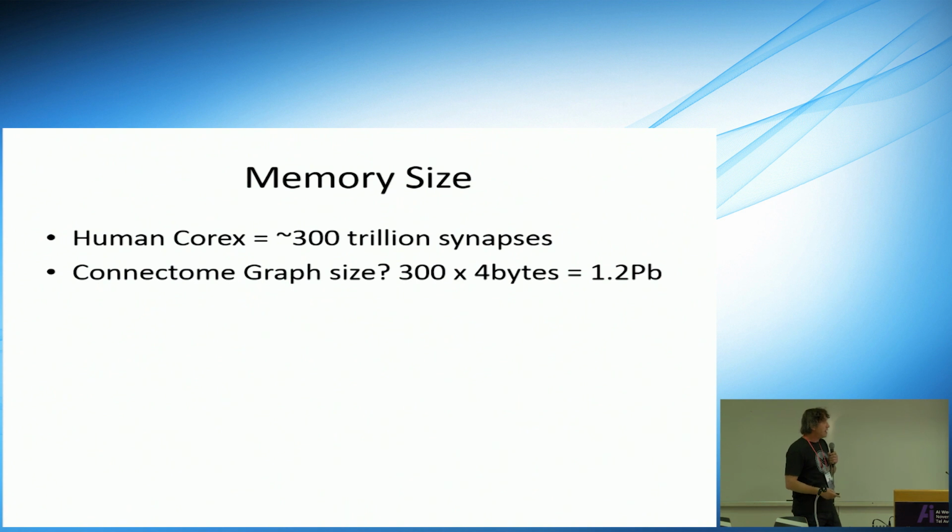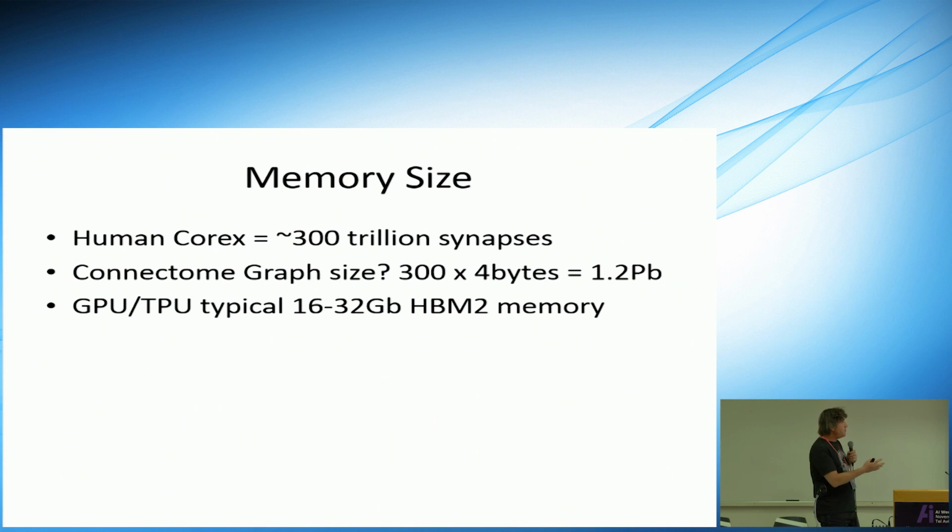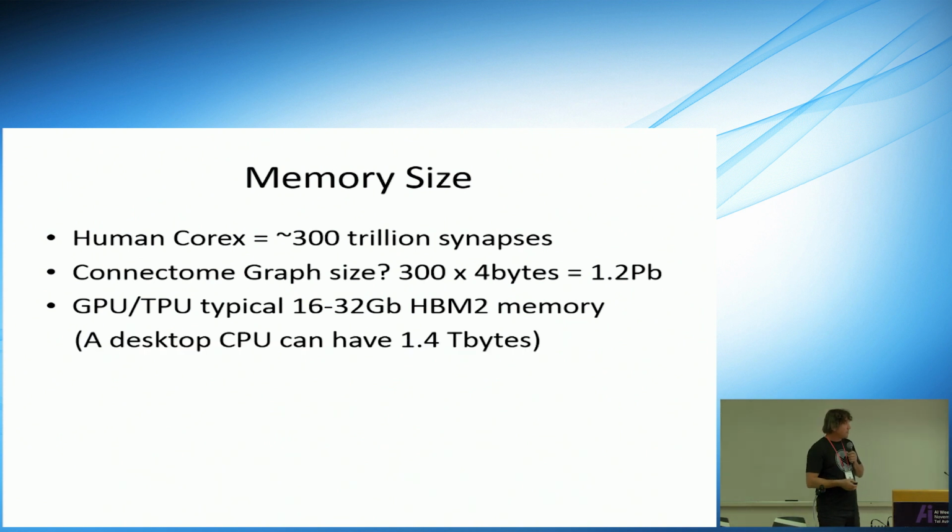And a GPU typically has about 16 to 32 gigs of high bandwidth memory. I connect 5,000 cores to this memory. It's hard to scale. That's what I have, 16, maybe 32 gigs. Compare this to a desktop, which you can now buy with 1.4 terabytes of memory. A CPU has endless memory compared to these devices.